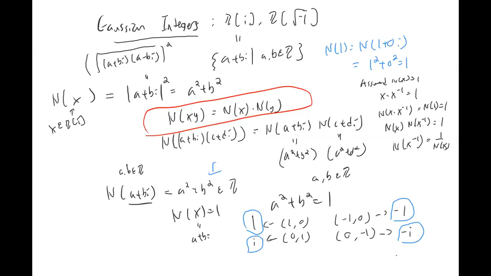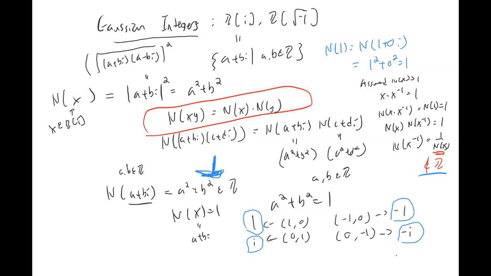But if the norm of x is bigger than 1, this thing is not in Z. So I know x inverse cannot be a Gaussian integer, because we said right here that the norm of a Gaussian integer is an element of Z, right? And here it's not. So anything with norm bigger than 1 is not a unit.